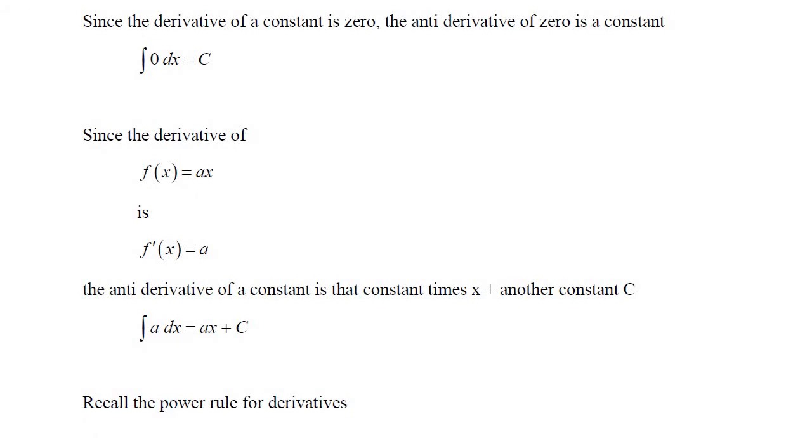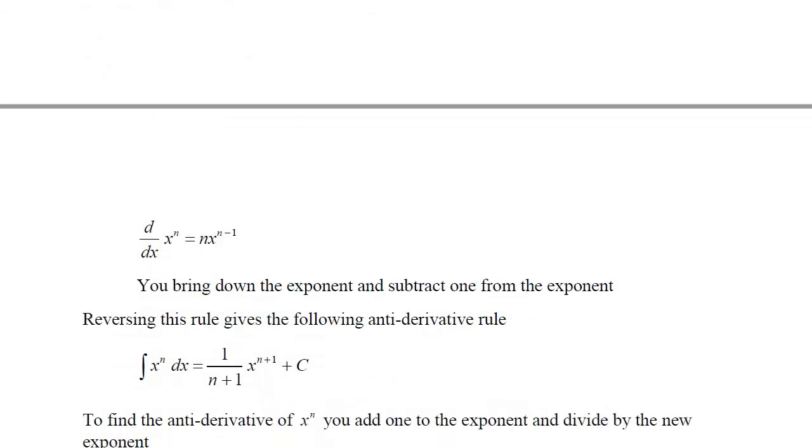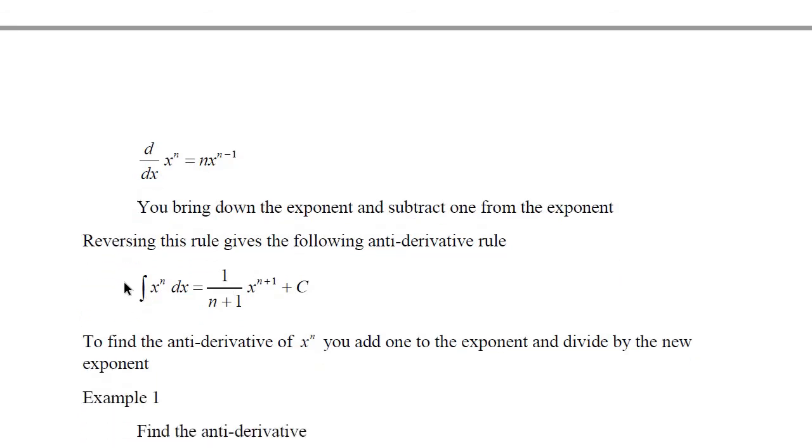Alright, so let's take a look at our power rule for derivatives. If you remember the power rule for derivatives, we bring down the exponent and subtract 1 from the exponent. If we reverse that rule to turn it into an antiderivative rule, then the antiderivative of x to the nth power dx is found by adding 1 to the exponent and dividing by the new exponent.